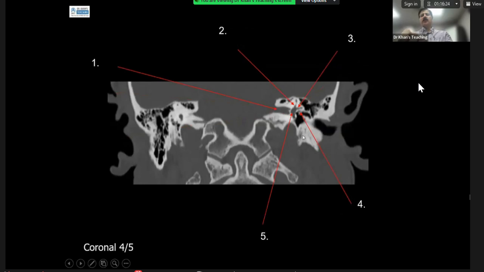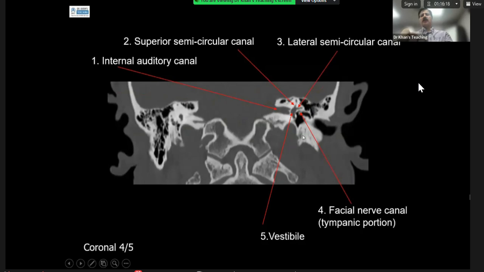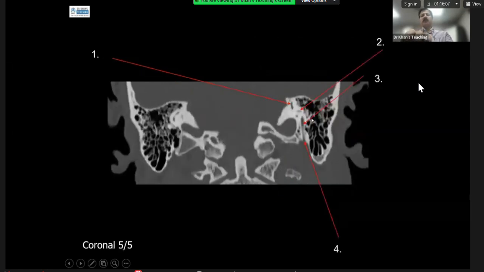A bit of repetition here. So I think this is easy, where we have got the vestibule, the superior semicircular canal, the lateral semicircular canal, and the tympanic portion of the facial nerve.